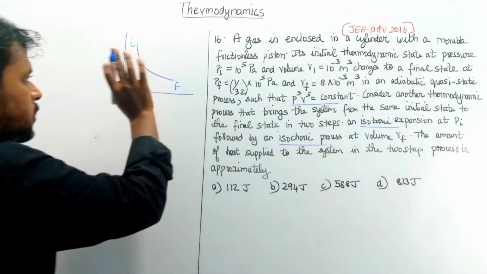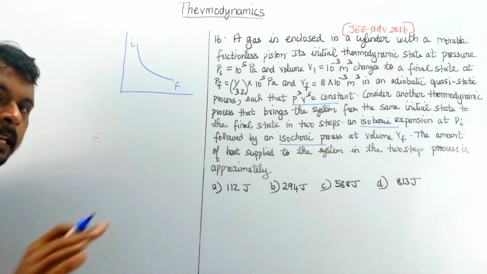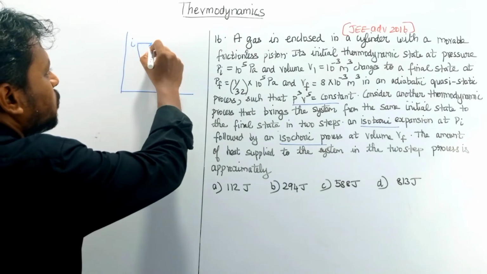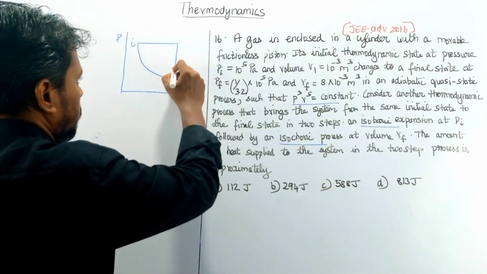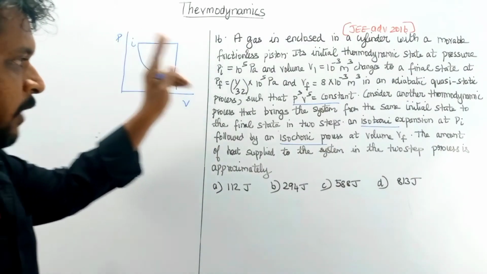Initially we went from the initial to the final point through the adiabatic process. Now they say that this initial and final is reached by a two-step process, by constant pressure and constant volume. This is the process they have given in the statement.